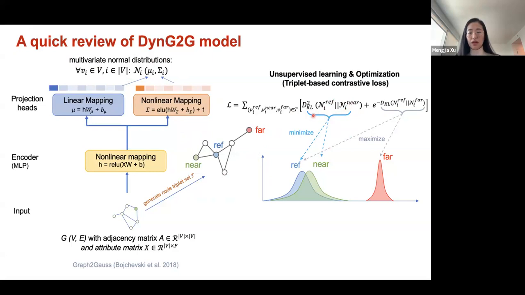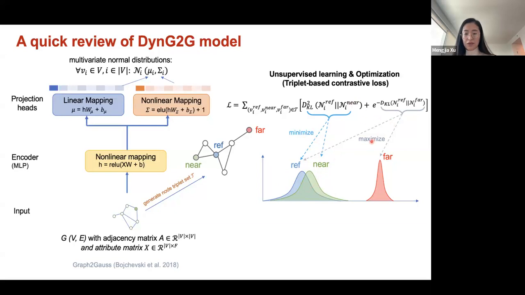Based on the node triplet, the reference node, nearest node and far node, we can compute the loss. Basically we want to minimize the KL divergence, the dissimilarity, between the positive node pair, which are the reference node and the nearest node.